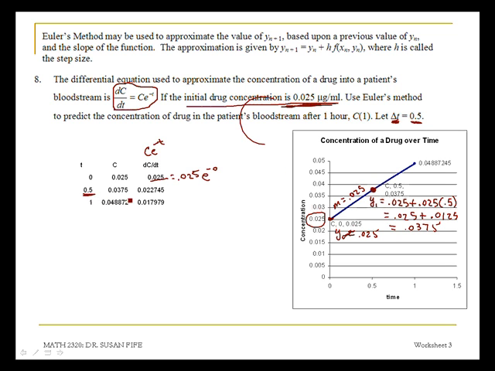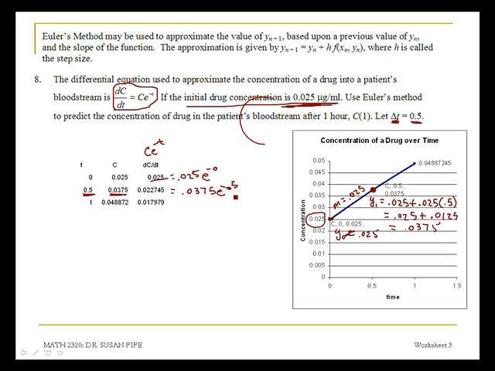And then you use the values at this point, where the t value is 0.5 and the c value is 0.0375, along with your derivative to calculate the next slope for the next line segment. So this would be 0.0375 times e to the negative 0.5.